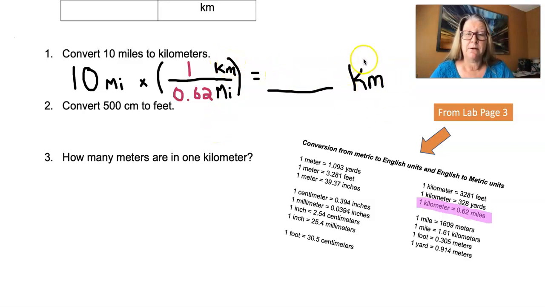So my answer would have been miles squared divided by kilometers, which makes no sense. In this case, my miles are going to be divided by miles. They're going to cancel out, and my answer is going to be in kilometers. By looking at the units, you can figure out how to arrange this conversion equation. So in this case, I take 10, I divide it by 0.62, don't multiply it. This is in the denominator here, and you get 16.